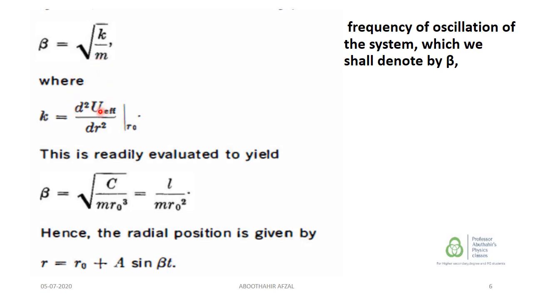If we put the value of k in the expression for the frequency of oscillation, beta is root of k by m, where k is d square U by dr square, calculated to be C by m r0 cube, and that is equal to L by m r0 square.